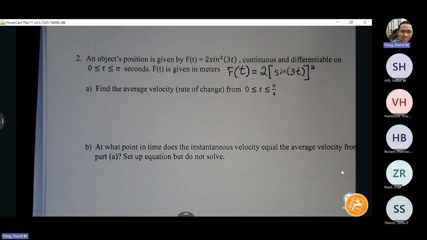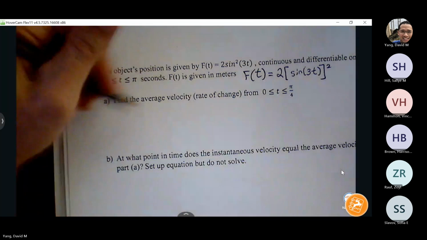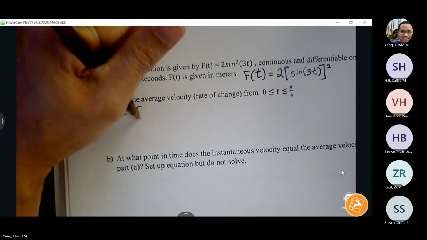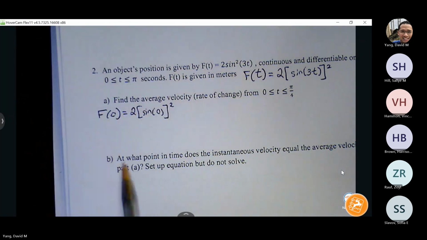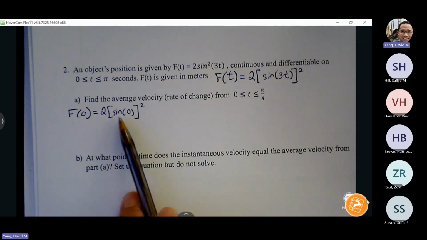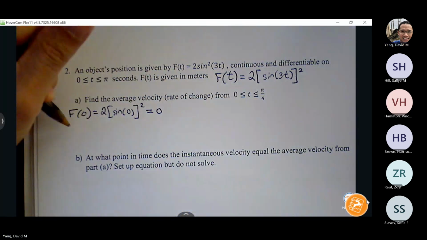Okay, so let's find f of 0 and let's find f of pi over 4. I think on the key, I accidentally put a 3 here, so it should be squared. Sine of 0 is 0, 0 squared is 0, 2 times 0 is still 0.